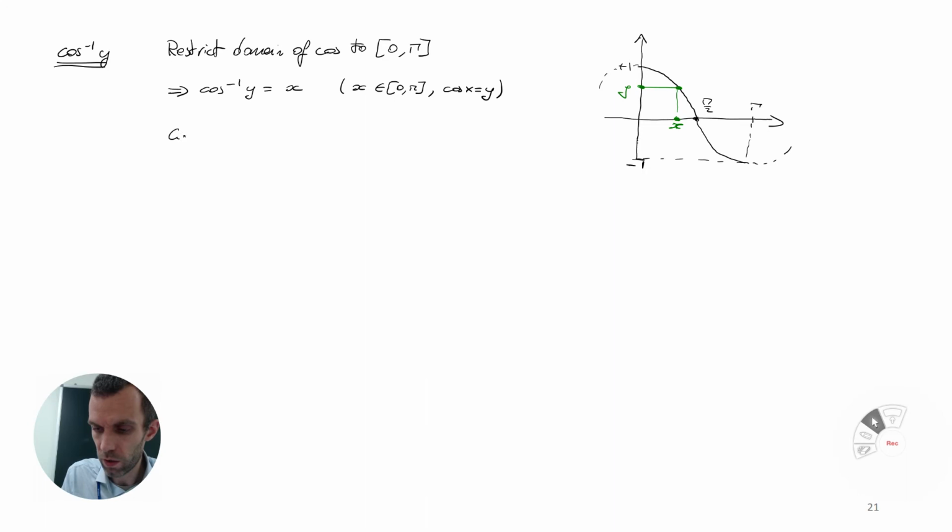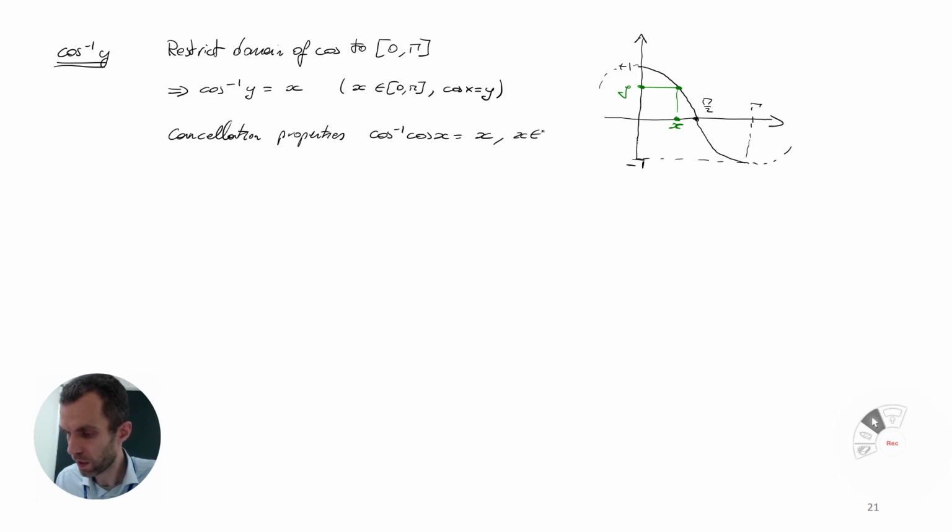And here the cancellation properties are that cosine inverse of cosine x is x, again for x in 0, pi, and cosine of cosine inverse y is equal to y, and here y has to be between -1 and +1.